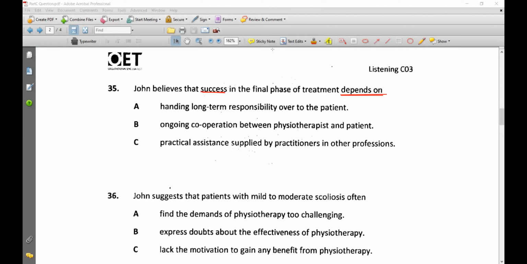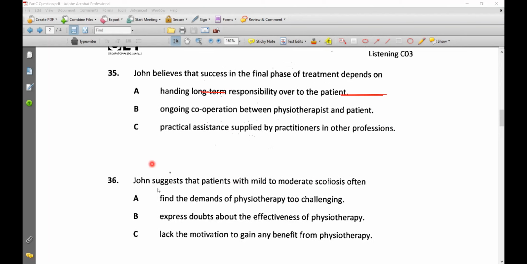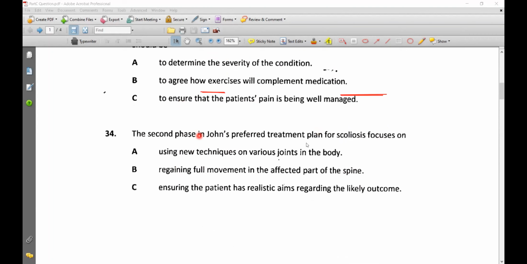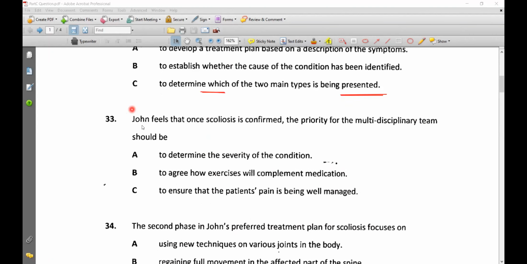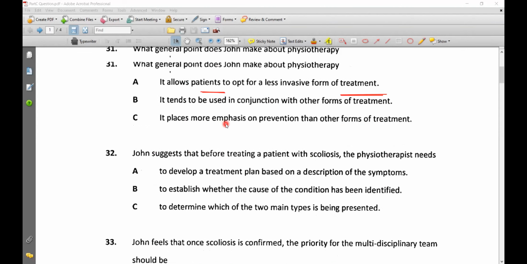Okay. And finally, the last question says, suggests that patients with mild to moderate scoliosis often what? So if you see, the majority of the questions are saying suggests, believes. Yeah, you can see John's preferred treatment plan. You can see John feels that, John suggests that.